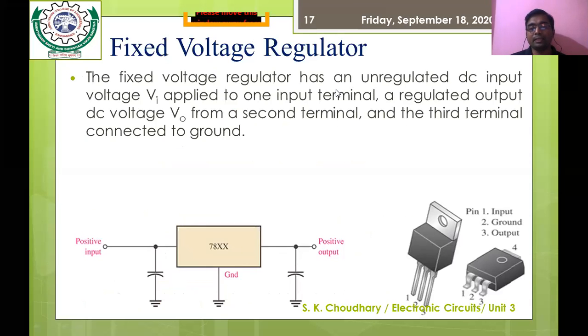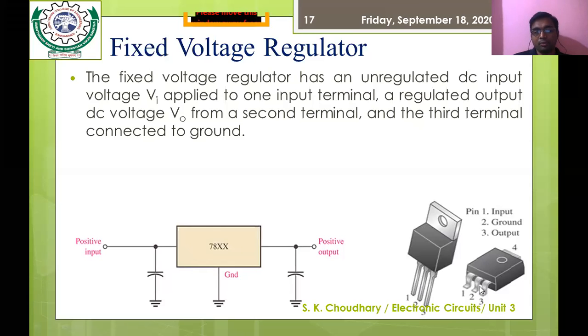This is the typical circuit diagram of the fixed voltage regulator 780 series, and this is the IC pin diagram of this fixed voltage regulator. It is a 3-pin IC. The first pin is for the input, the second is for the ground, the third is for the output.